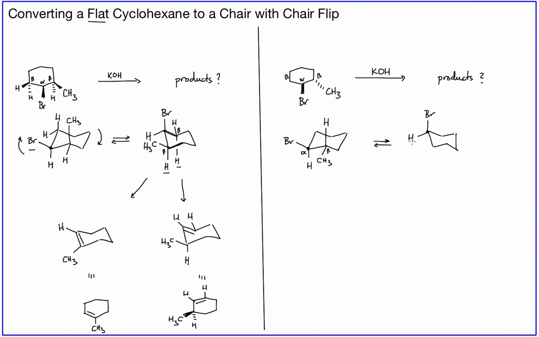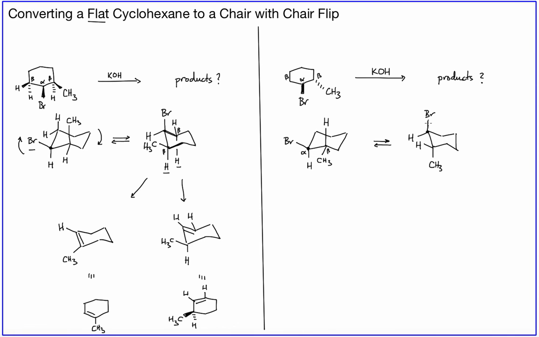Its associated hydrogen is now equatorial. This beta carbon is next door here. The carbon is now down, so the methyl group is going to be down axial. The associated axial hydrogen is now equatorial. And there's this beta carbon.